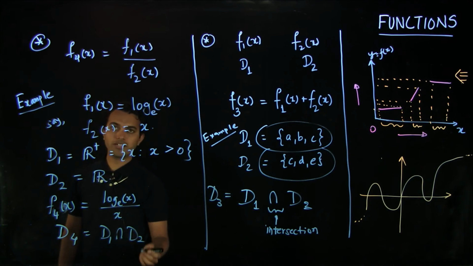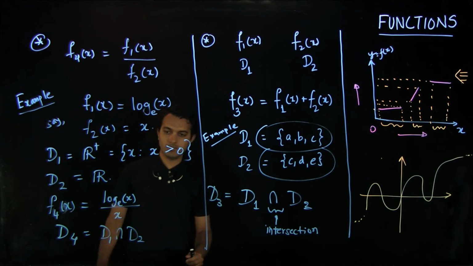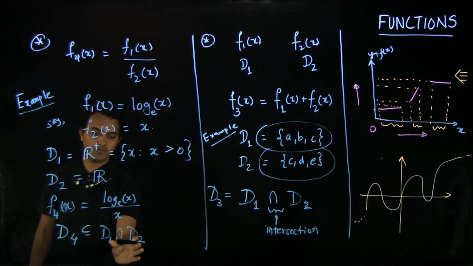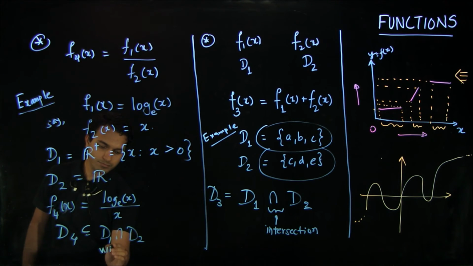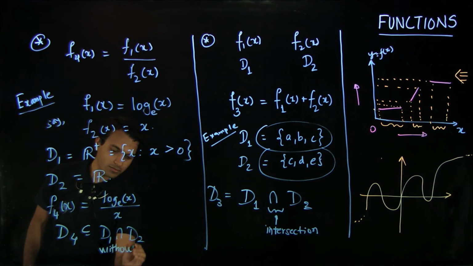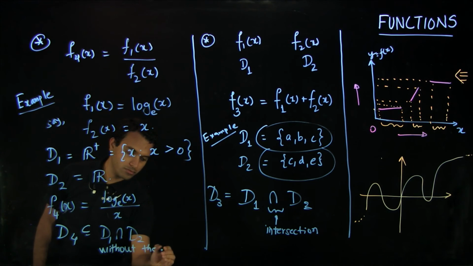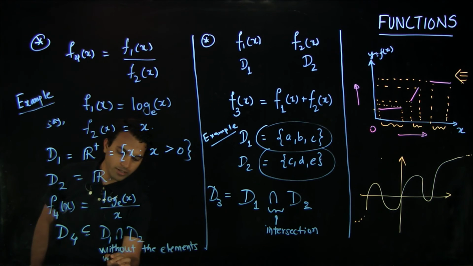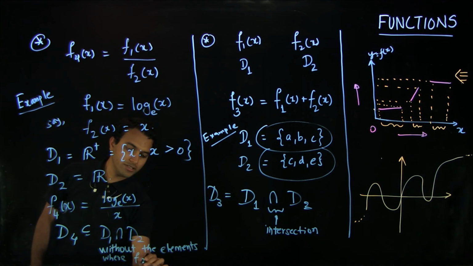In addition, we need to make sure that the denominator is not 0. So D4 is actually a subset of D1 intersection D2 without the elements where F2, the denominator, is 0.